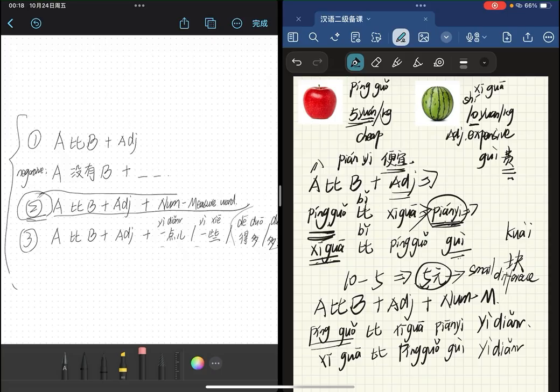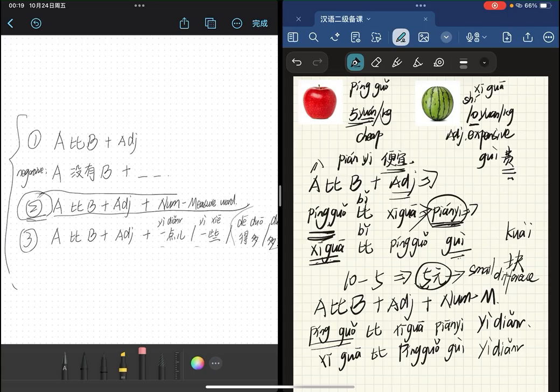So the adjective we choose is 便宜. 苹果比西瓜便宜. And then 西瓜 compared with the 苹果, 西瓜比苹果. When the 西瓜 is compared with the 苹果, we know the 西瓜 is expensive. So the adjective is 贵. 西瓜比苹果贵.